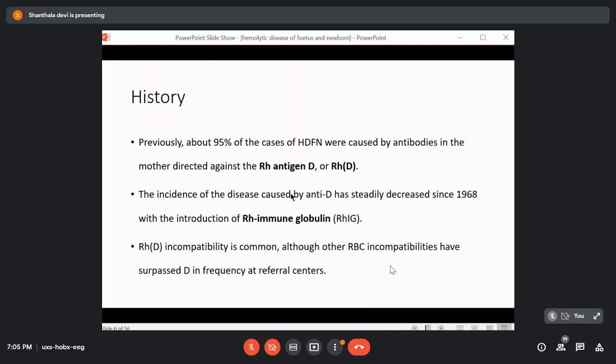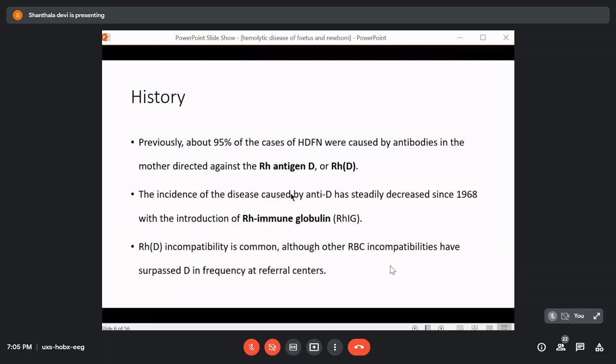The other antigens, from minor blood group systems, for example Kell, Duffy and Kidd, can also produce hemolytic disease of the newborn. Since Rh D disease has decreased because of anti-D Rh immunoglobulin injections, the other causes of hemolytic disease of the newborn have become more prominent.